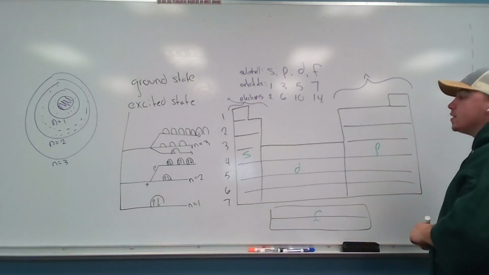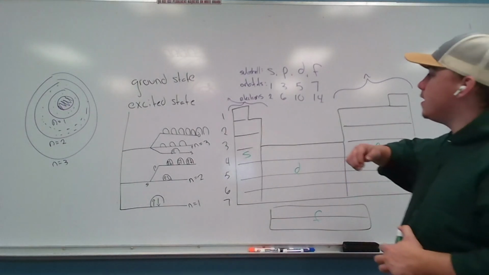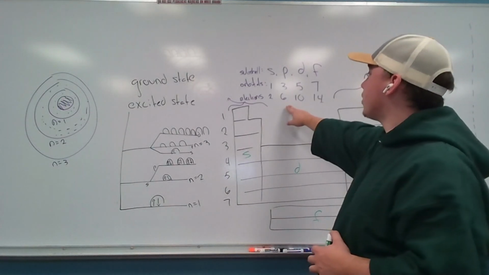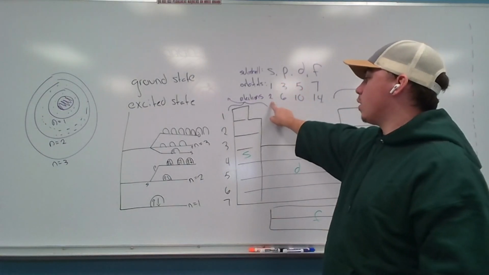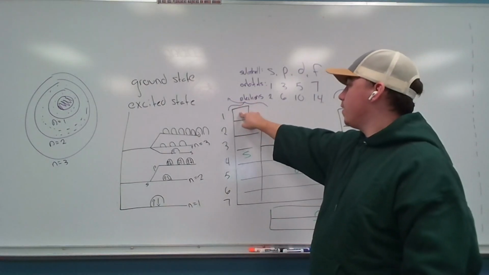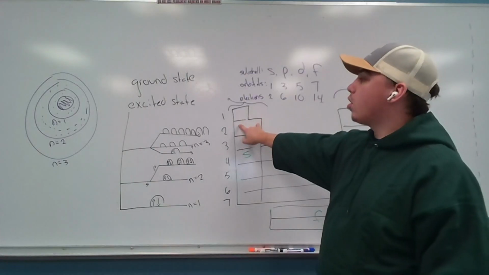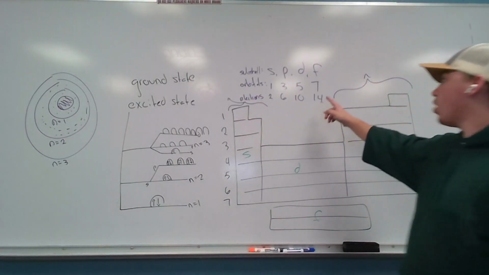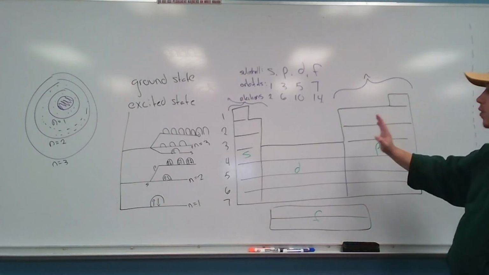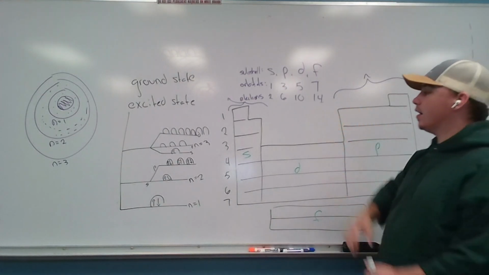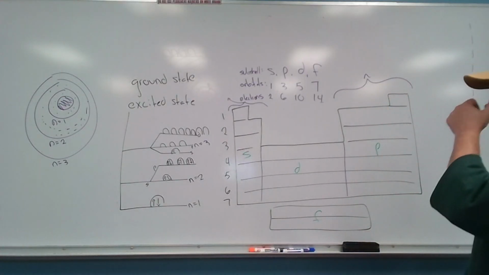Now, what's cool is that every group of the elements has the amount of electrons that subshell can hold. Remember how S can only hold 2 electrons? Well, lucky for us, the S block only has 2 columns, 2 groups. The P block can hold 6, and it has 1, 2, 3, 4, 5, 6. It's perfect. So you can count within the block to find how many electrons it's going to have.